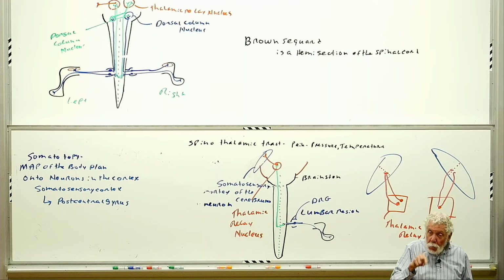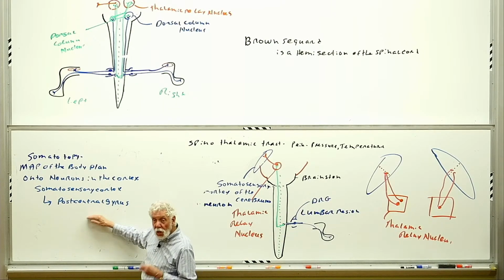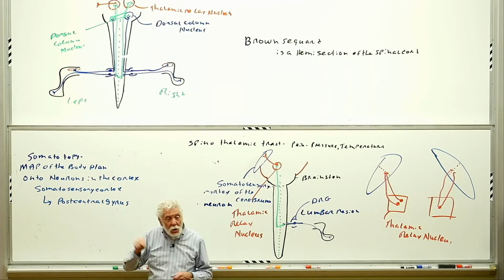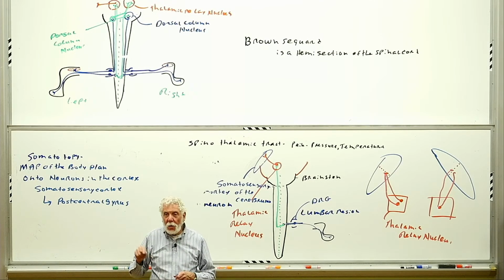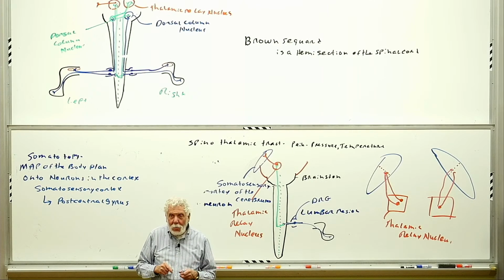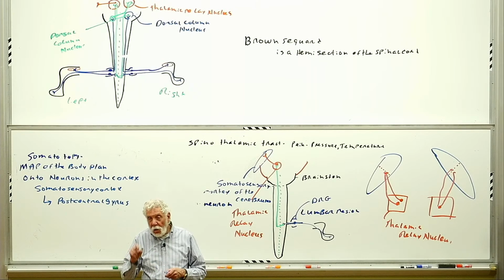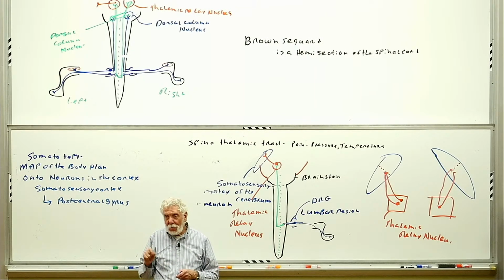When he poked in this particular region on the post-central gyrus, depending on where he poked, people would say, oh, I feel that in my hand, or oh, I feel that in my foot, or oh, I feel that in my face. He found that from individual to individual, these areas were similar.